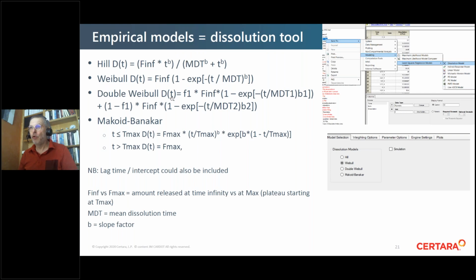For the double Weibull, you have F1 and F2, which is 1 minus F1 if you prefer, then MDT1, B1, MDT2, B2. So you have here also factors. That means you have 3 factors for the Hill and Weibulls, and for the double Weibulls, you have 4, 5, or 6. We can discuss about that. In all those models, you can also add a lag time if needed.